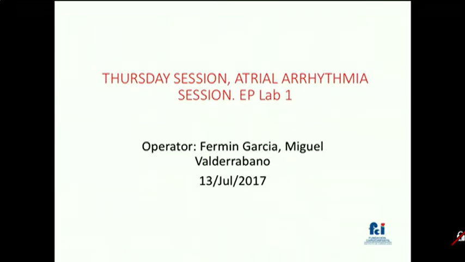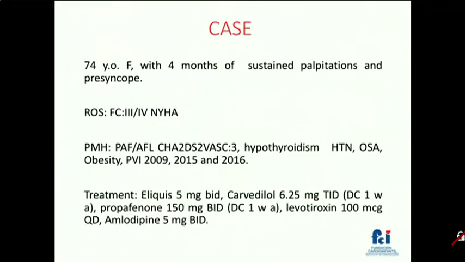If you can hear me, I'm going to start presenting the case. The case that we are doing is a female patient, 74 years old, with 4 months of a feeling of sustained palpitations and presyncope. On systems assessment, there is a moderate deterioration of the functional class.